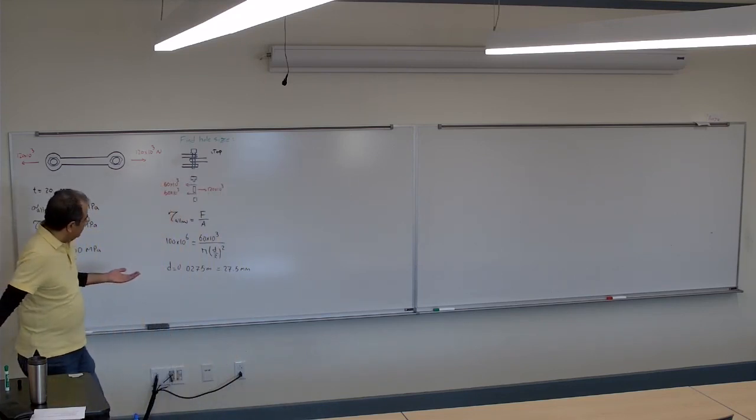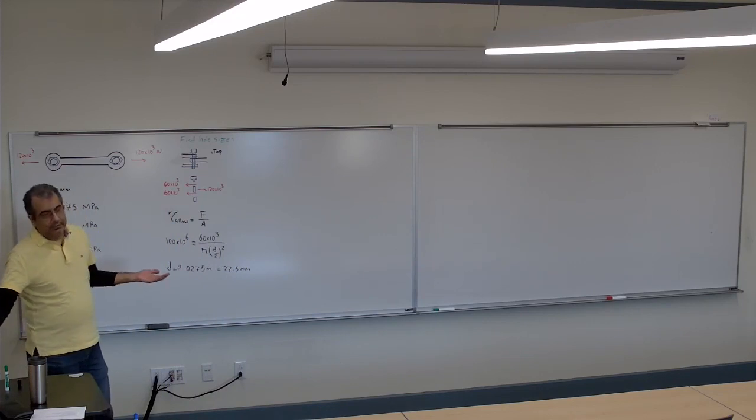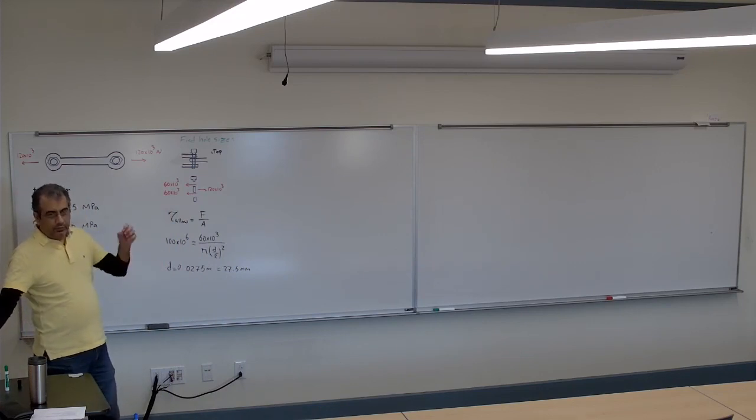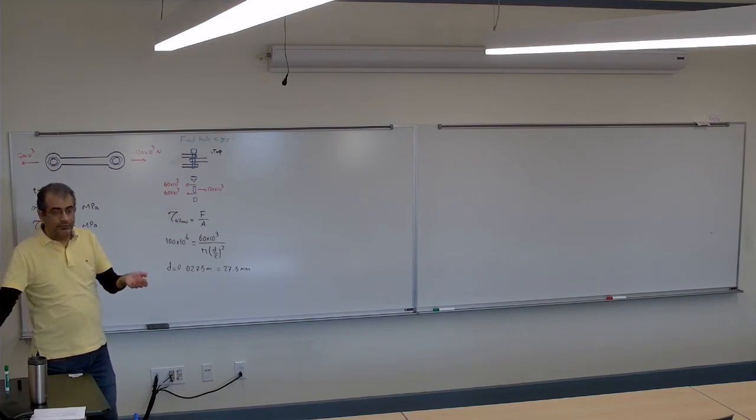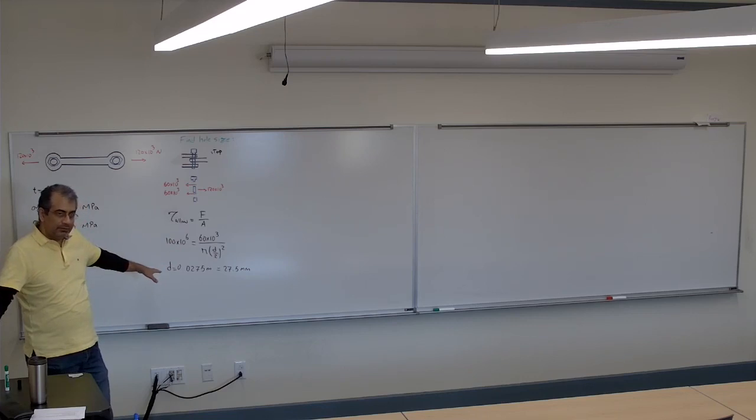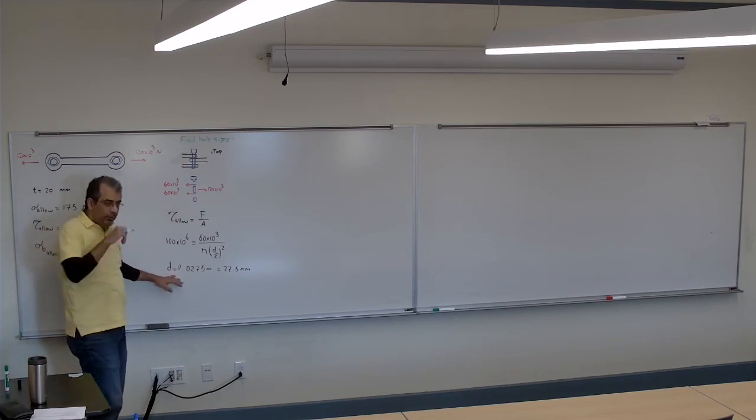So if it was the engineering design, I have to go and find the first bolt that I have larger than 27 millimeter. If the first one is 28, I'm going to use 28. If the first one available in the market is 30, I'm going to use 30, correct? So that's the minimum size, remember that.